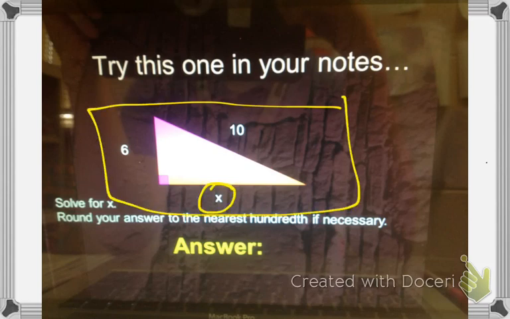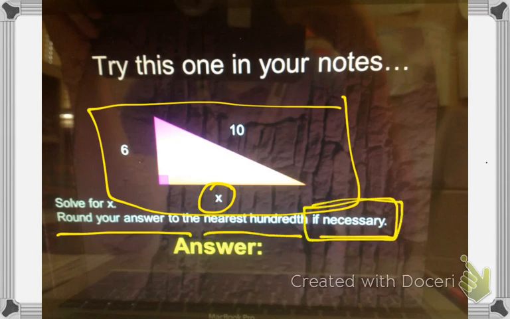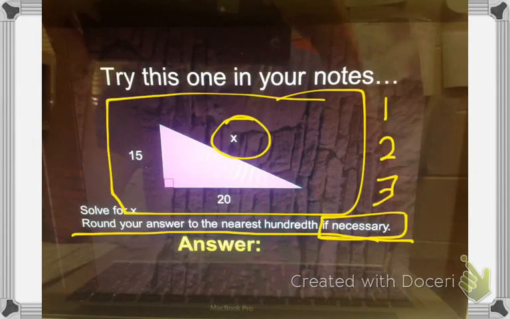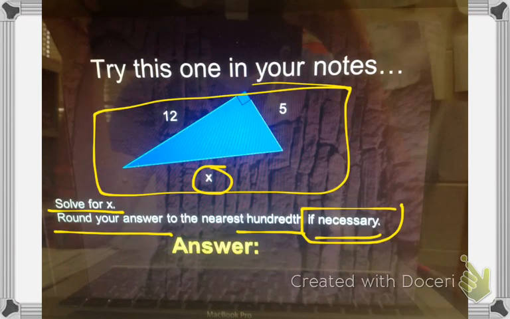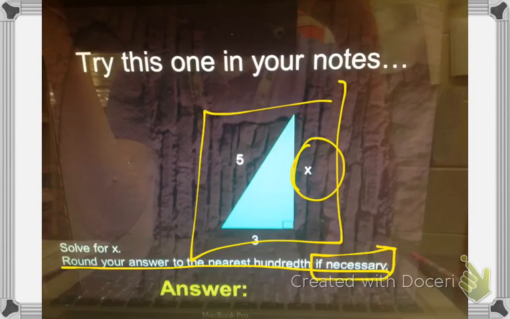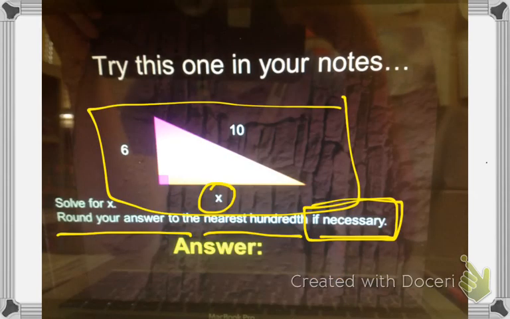Here's your missing side. Round your answer to the nearest hundredth, if necessary. Okay? That is the end. Here is your first question. Number 1. Number 2. Number 3. And number 4. Okay? 4 questions, 4 quadrants for you to do.